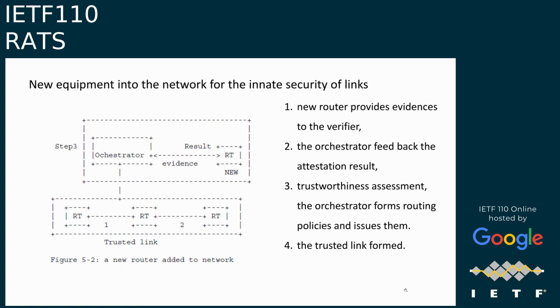The second step is that the verifier feeds back the result. Step 3 is trustworthiness assessment. Then the orchestrator can form routing policy and issue it. And step 4, after these 3 steps, the trusted link is formed. Next slide.